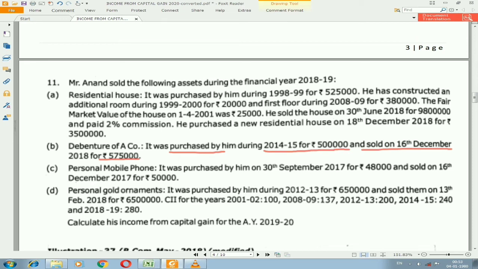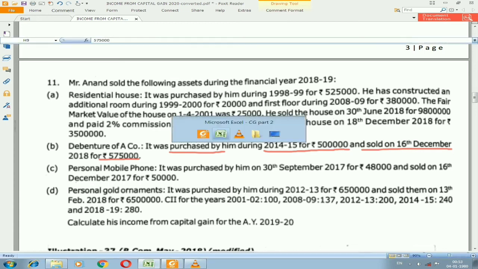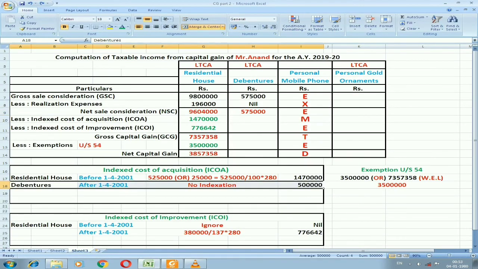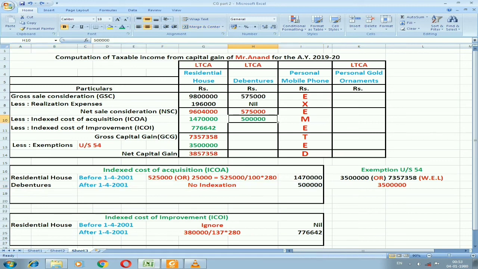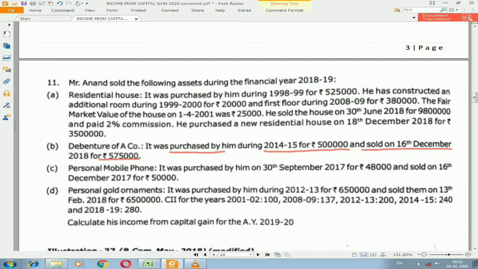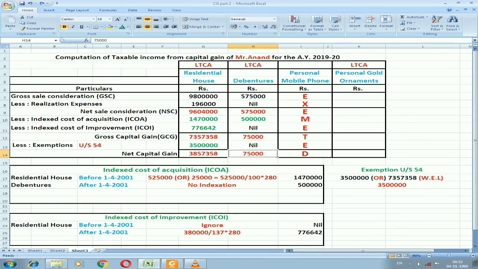For debentures and bonds there will be no indexation, even though it is a long-term capital asset. 5 lakh will be taken, there will be no improvement on this debenture, and the gross capital gain will be 75,000.